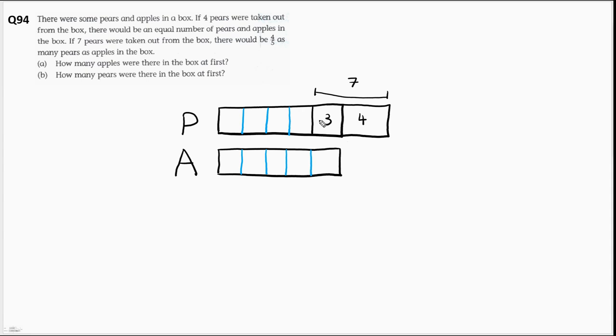Okay, because if 7 were taken out, this would be the end of the pears. This is the end of the apples. We know that at this point they were equal. And if you take out an additional 3, you end up with the pears having 1/5 less. So this must be equal to 3, as must all of these other parts.